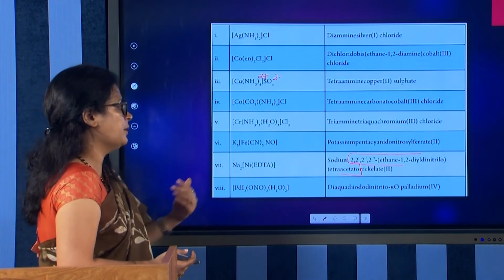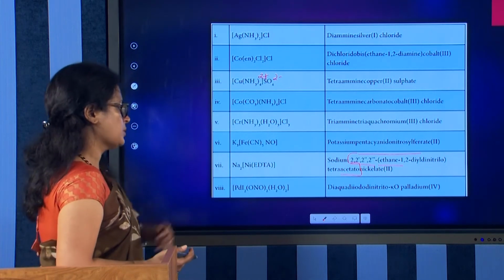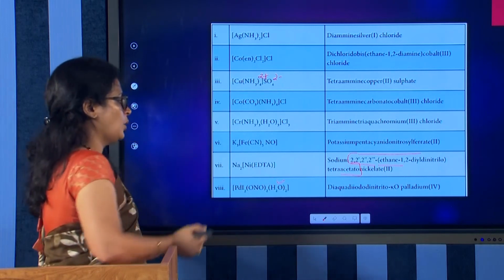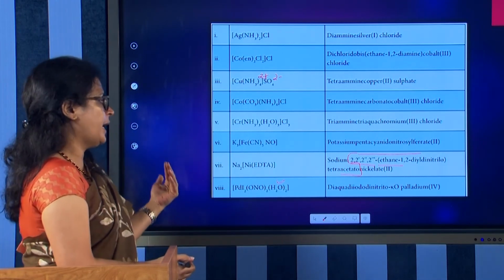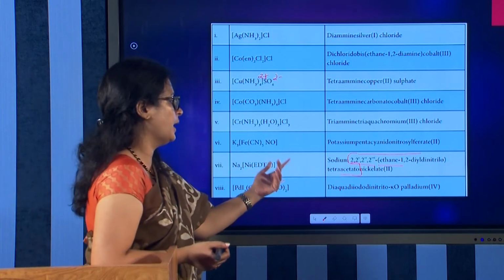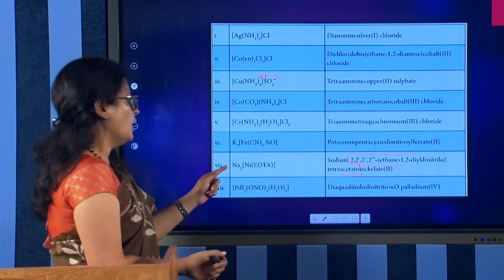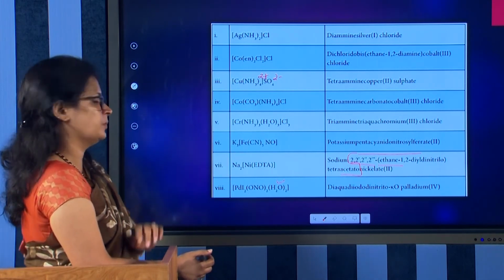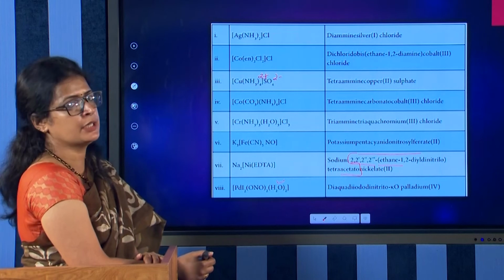So, first name should be given for aqua, and how many H2O molecules do we have? 2. So, diaqua. Next iodine and nitrito, which should be named first? It is iodine, that is why diaqua, diiodo, dinitrito, palladium 4, that 4 is the oxidation state of palladium.